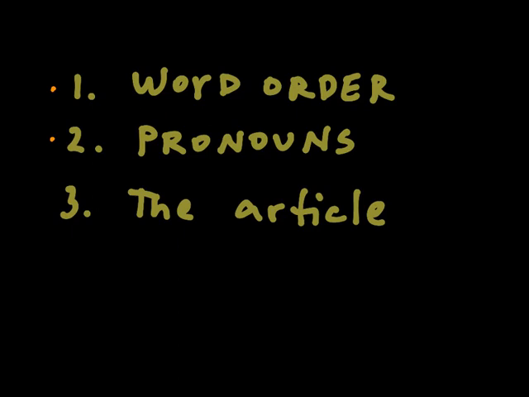If you say, for example, la mía instead of mi hija, you could use it as a pronoun. And finally, you will need the article unless the information in question is purely possession, and it will be the verb to be.